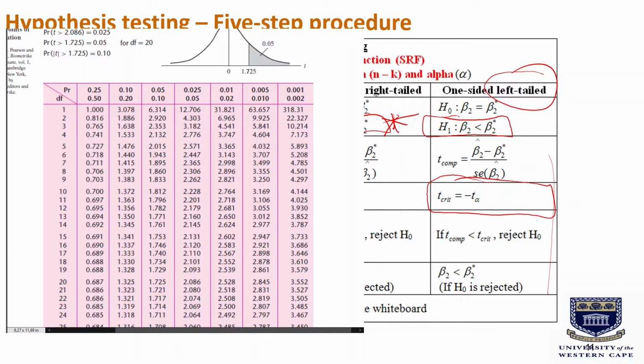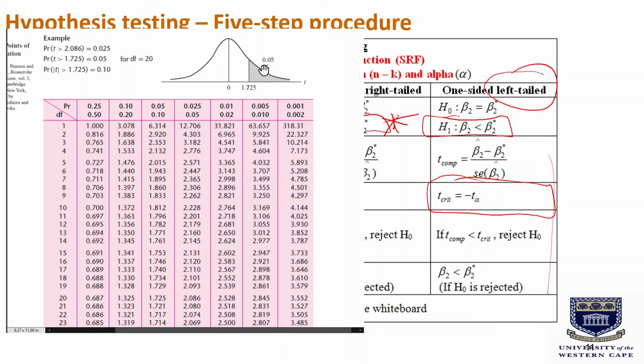In the example given in the picture above the table, it tells you that the critical value for a right-tailed test associated with a significance level of 0.05 is 1.725. Okay, if you wanted to look up a critical value associated with a significance level of 0.05 in the left tail, it would still be 1.725, except it would be minus 1.725 in that case.